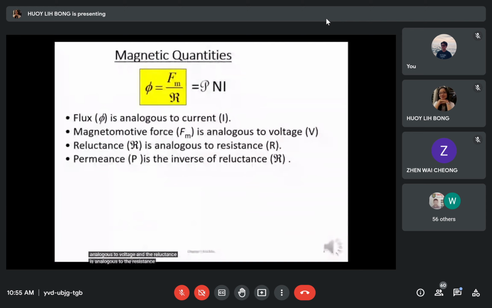Permeance is the inverse of reluctance, hence we can write flux as permeance times the magnetomotive force, N times I. The unit for flux is Weber.